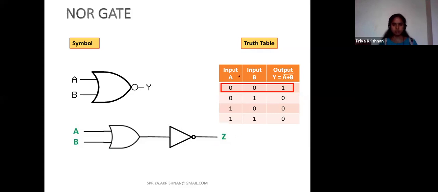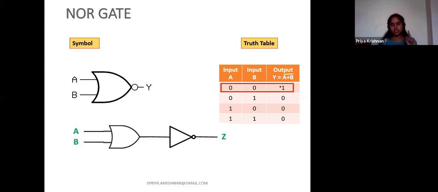Here my inputs are again the same: 0 0, 0 1, 1 0, 1 1. For the output, recall what we discussed in the OR gate. In the OR gate, for the first input 0 0, the output is 0. For all the other inputs, the output is 1 1 1.